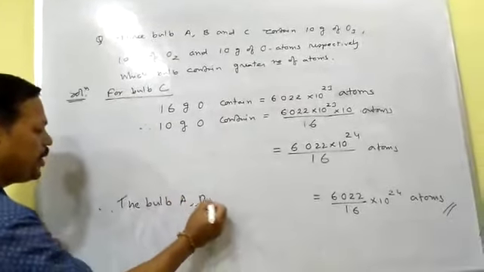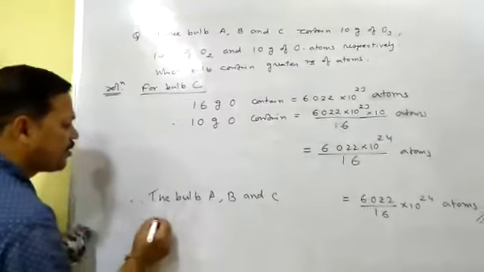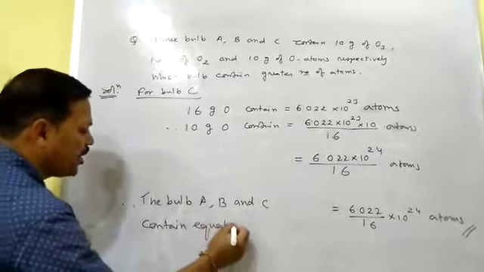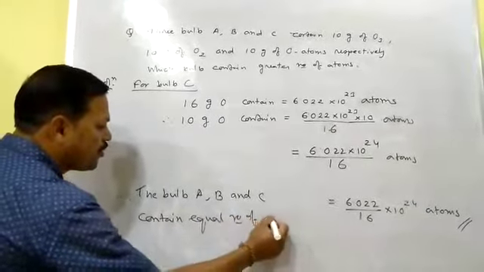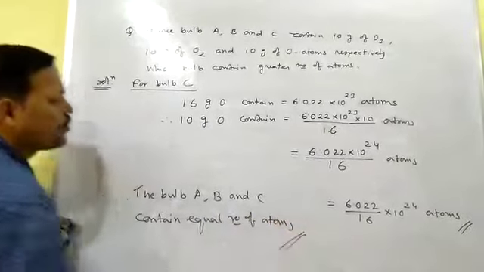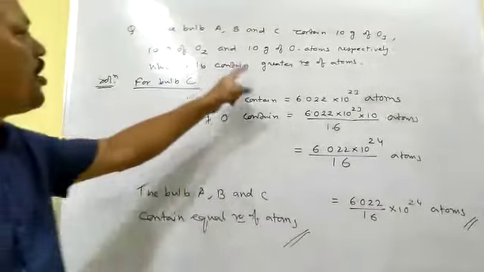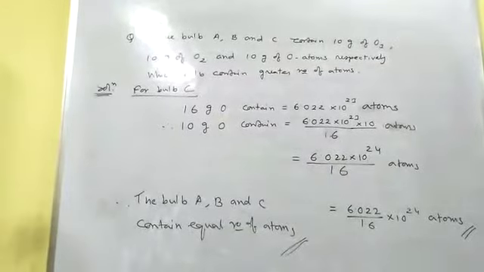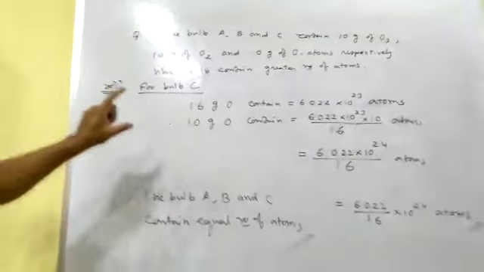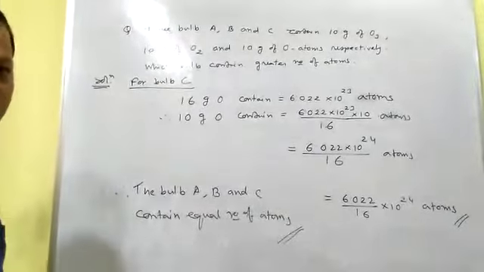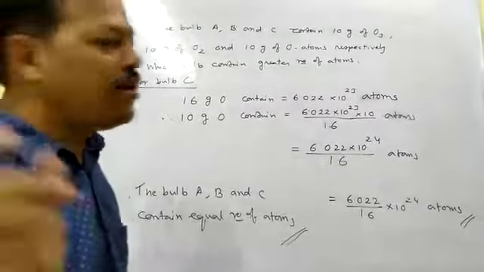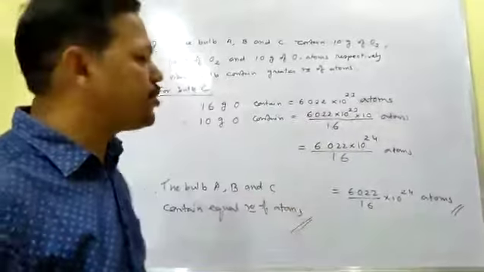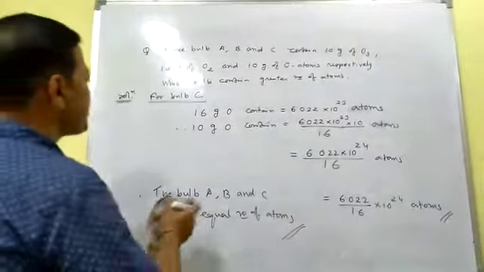Although the question asked which contains a greater number of atoms, every bulb contains the same number of atoms. So this is about the question. Some students did it, but they determined only the molecules, not the atoms. So you have to determine the atoms this way.